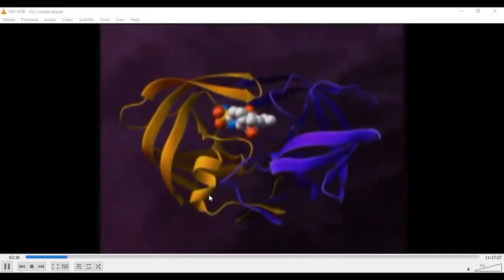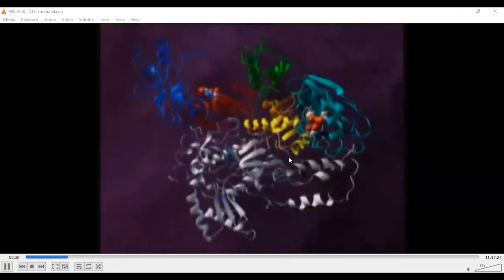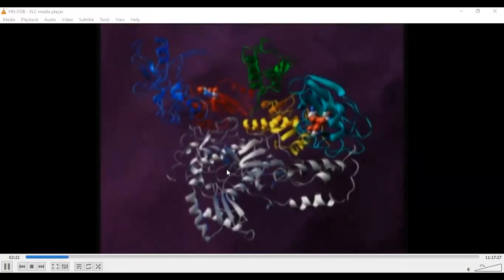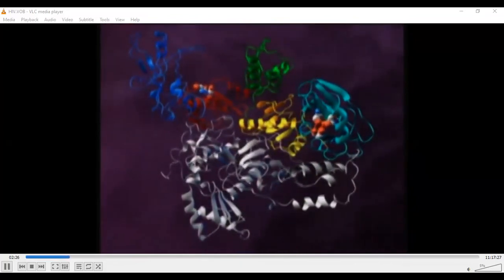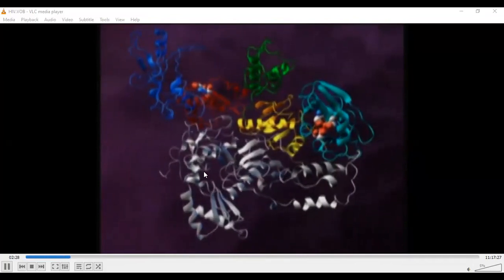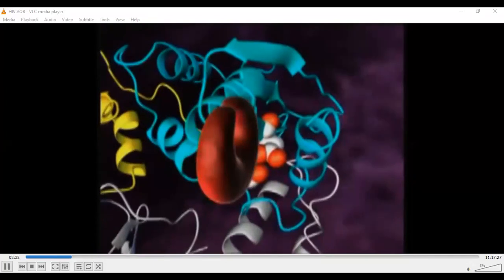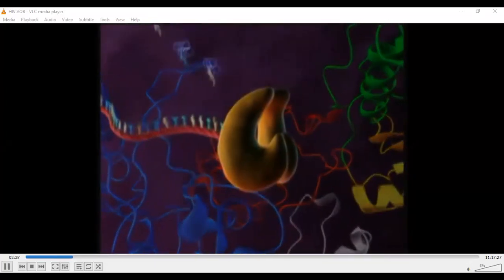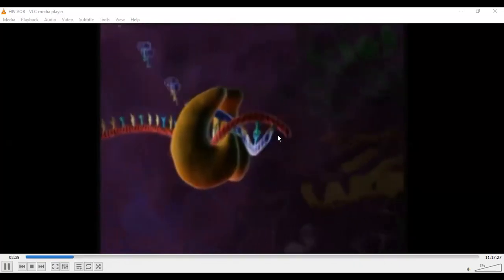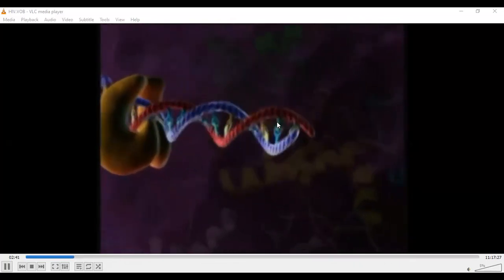Then the nucleic acid divides, and the virus starts to synthesize its necessary particles. It uses several metabolic factors and enzymes.